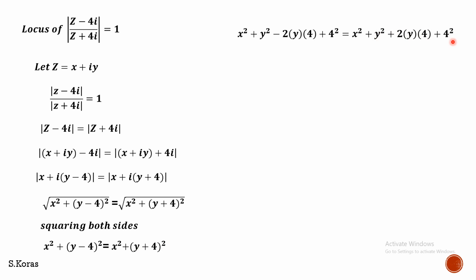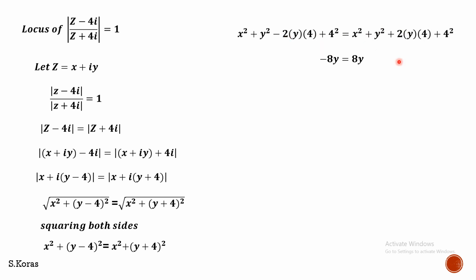Now if we simplify this, we get minus 8y is equal to plus 8y, because x square and x square cancel one another, y square cancels y square, and 4 square cancels 4 square. The remaining is minus 8y is equal to 8y.